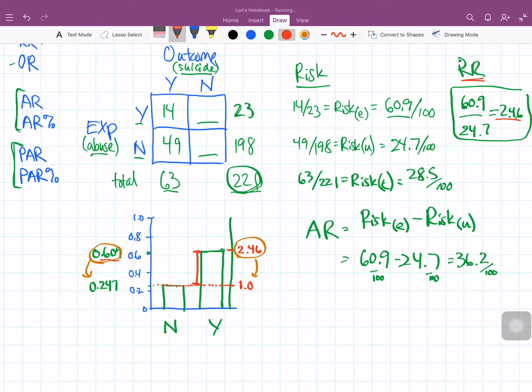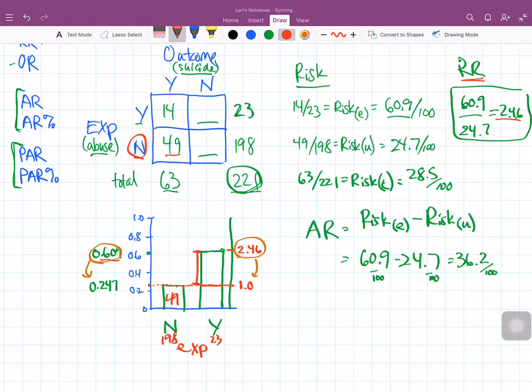It's the amount that it's above what we would expect in that group if there were no association between the exposure and that particular outcome. In other words, with this no group right here, we have 198 people in it, and it turns out that 49 of them, or this 24.7%, had the outcome that we were looking for. In this yes group, we have 23.